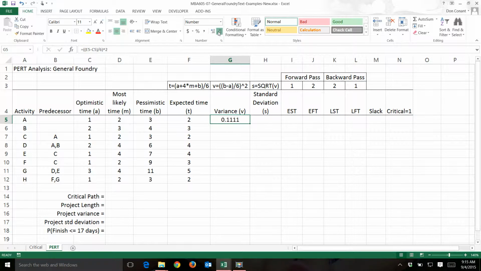So we take the range of times, the largest from the smallest gives us the range. We place it over 6, and in this case, the 6 indicates a 99.9% confidence interval, 3 standard deviations on each side of the mean. So 3 and 3 is 6.